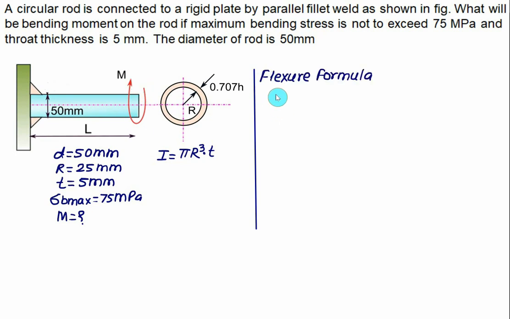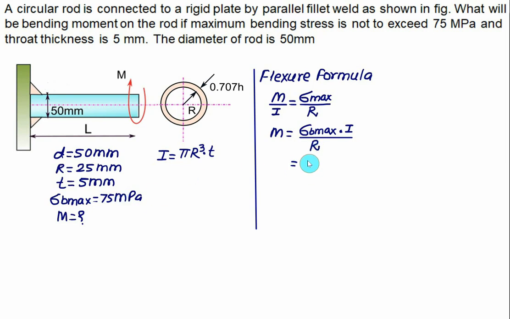By the flexure formula we have bending moment M divided by I is equal to the maximum value of the bending stress, which occurs at the outer fiber, at radius equal to r. The throat thickness is neglected. The M value you have to calculate is sigma b maximum multiplied by moment of inertia I divided by the radius of the rod r.